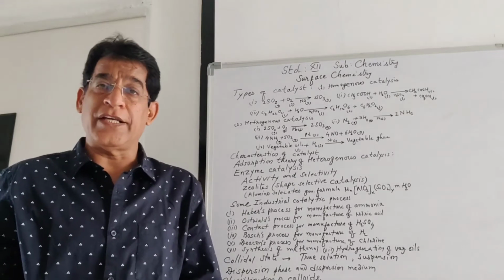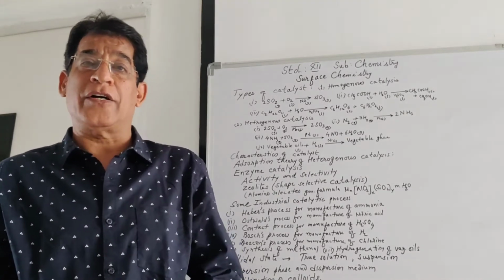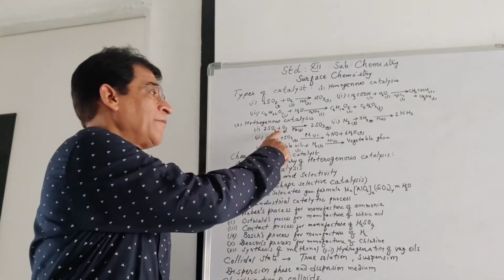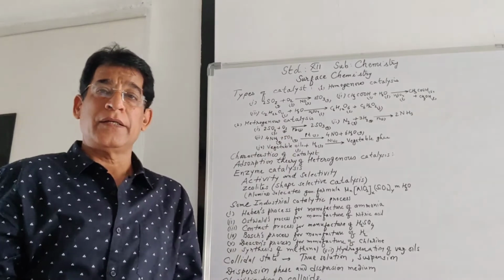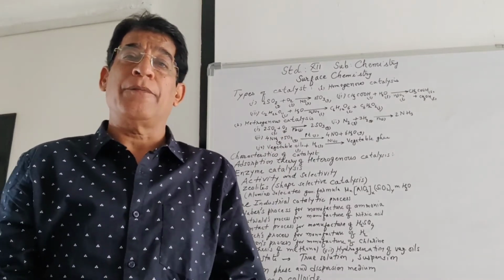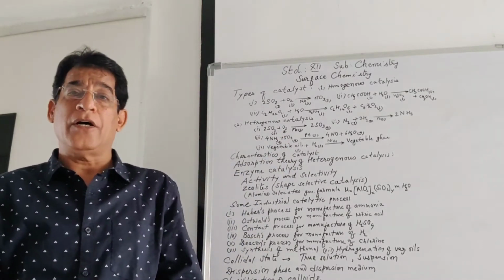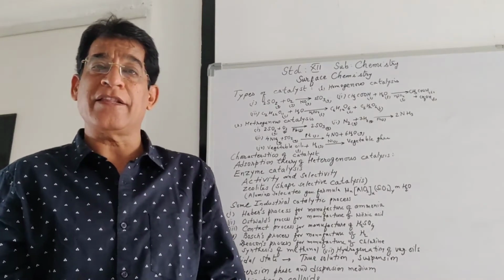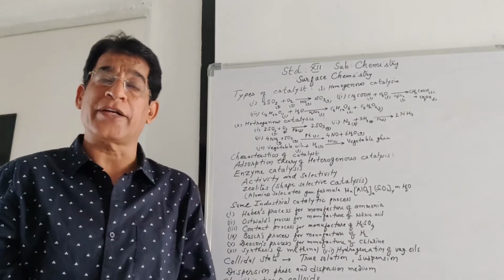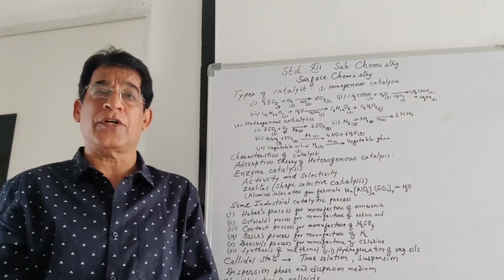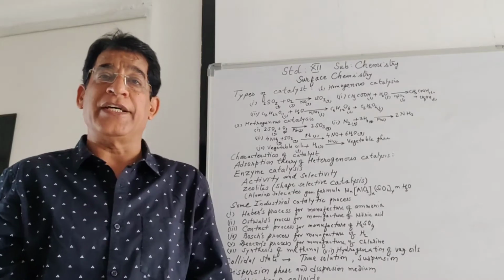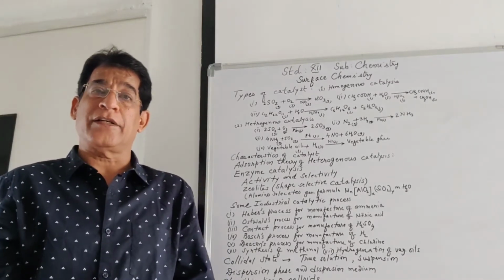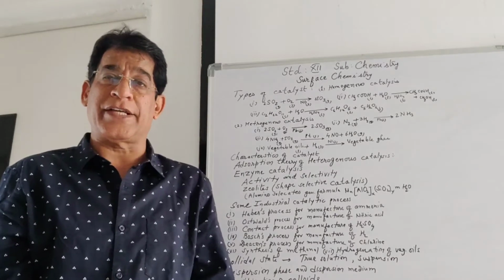Number 1, oxidation of sulfur dioxide into sulfur trioxide in the presence of platinum metal or vanadium pentoxide as catalyst in the contact process for the manufacture of sulfuric acid. The reactants are in gaseous state while the catalyst is in solid state.